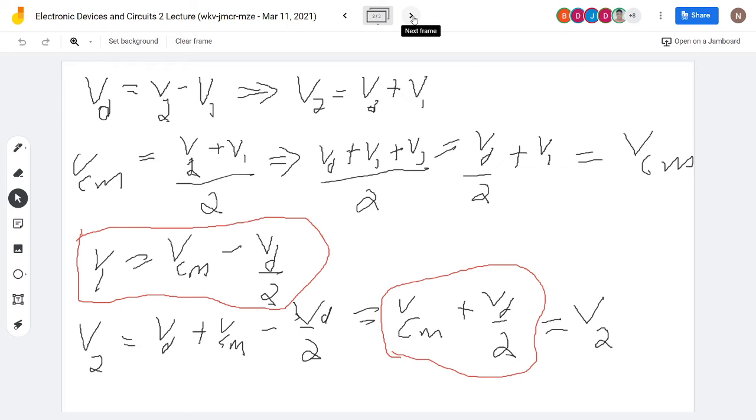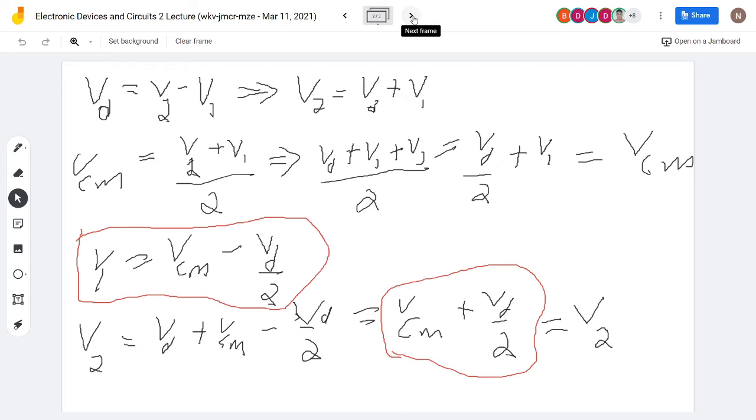But we now have a relationship that can link this expression to this expression, because in this expression we can put what V2 is and what V1 is. And this is going to be in the form of VD, because that's what we want, AD over ACM, to give us what is required.